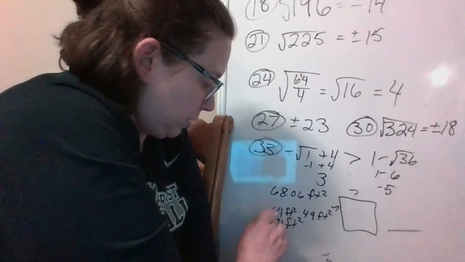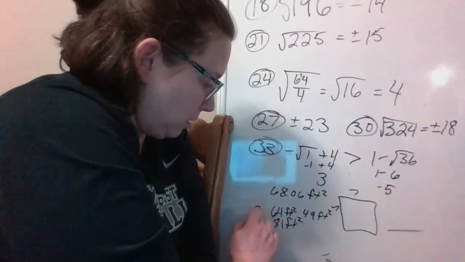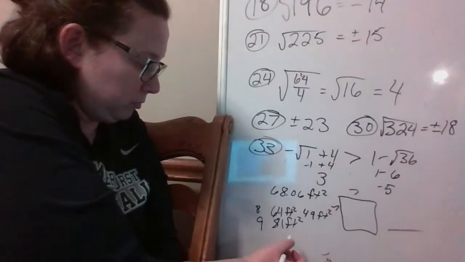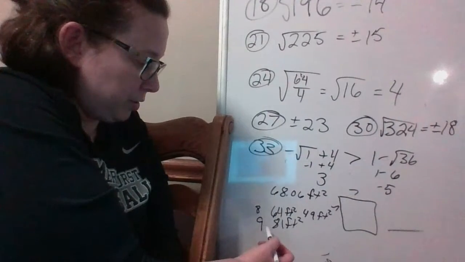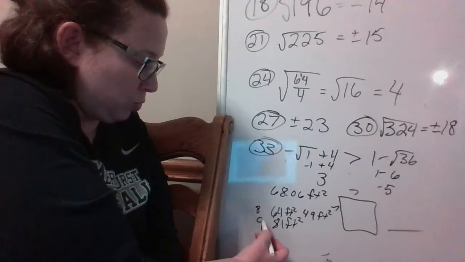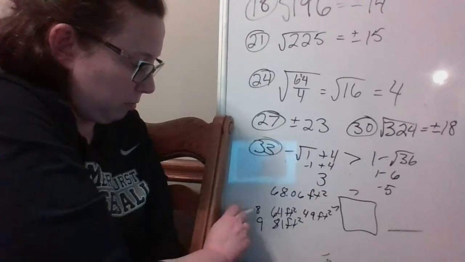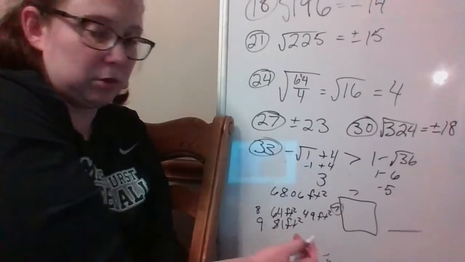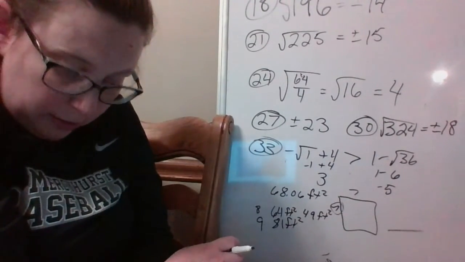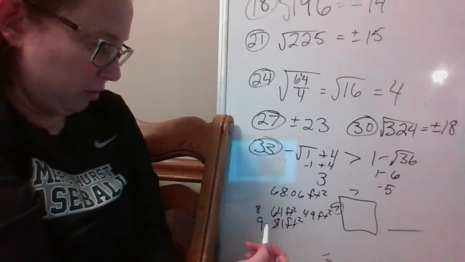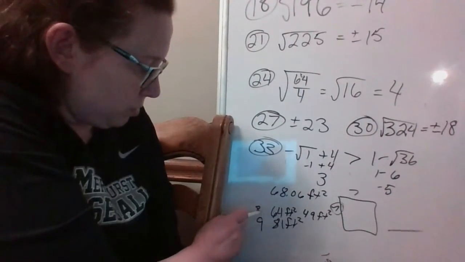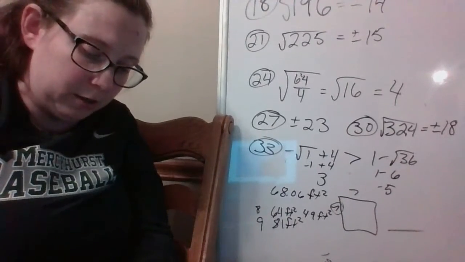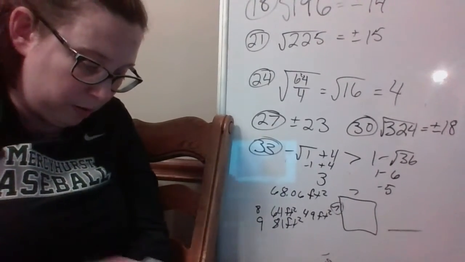So your answer here would be somewhere between 8 and 9, a bit closer to 8. So 7 was probably not a reasonable estimate, assuming they wanted to get it fairly close. So 8 feet would have been probably the best estimate here if they were going to estimate a whole number.